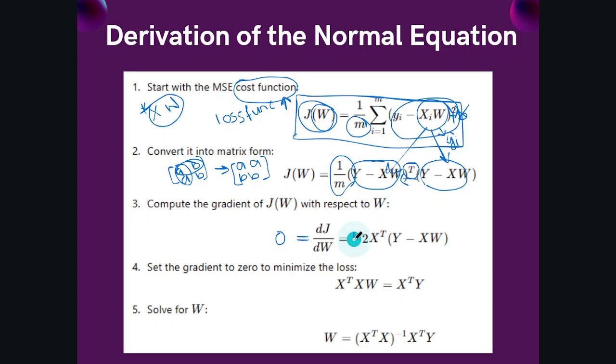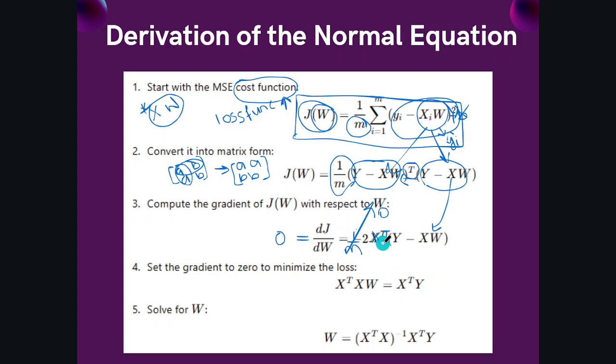So the 1 by m, the constant term, even if it is here, it will be 0, right? Now 2 of X transpose, we got this from here, right? And then we have differentiated this particular matrix, and then set the gradient to 0 to minimize the loss function.